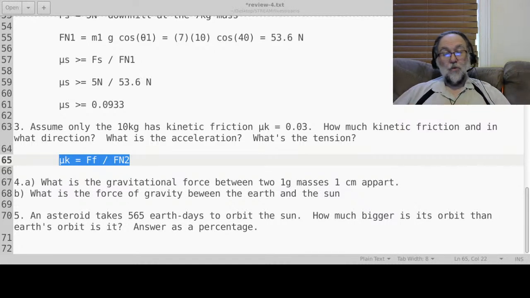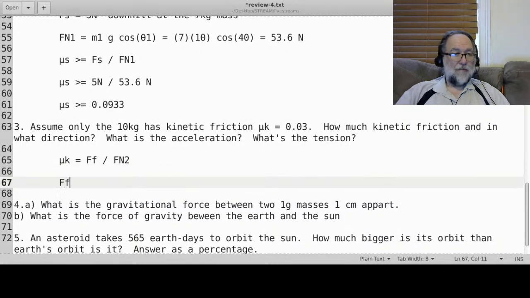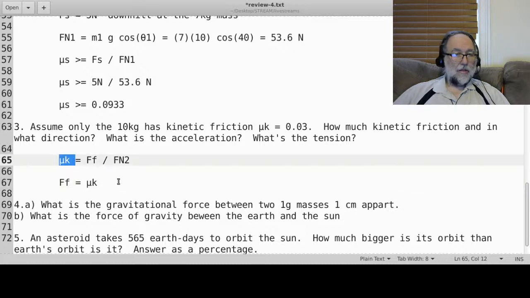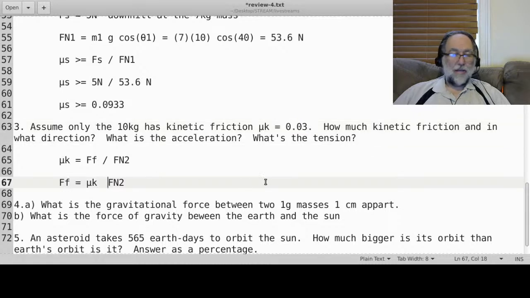But for the second one, for mu k, yeah, you can use it to solve for Ff. And here's how you do that. If you just rearrange this, you could say, well, Ff is going to equal mu k times Fn, like this. And the next thing you're going to say is, well, I have mu k. I told you that was 0.03. Do you have Fn? And no, but you can get Fn.